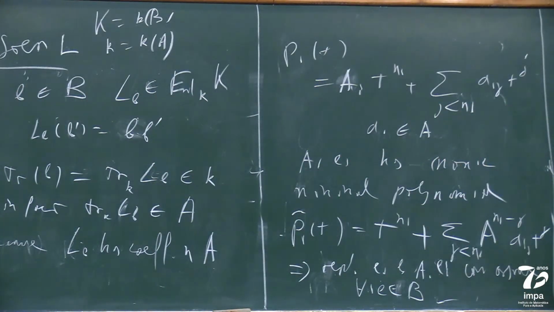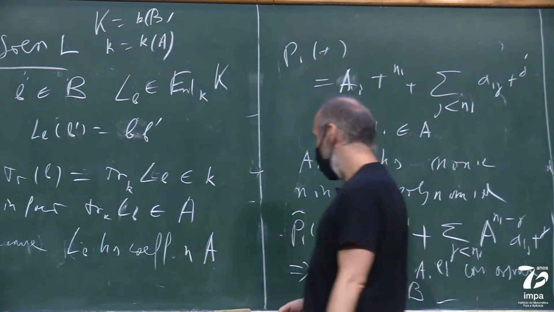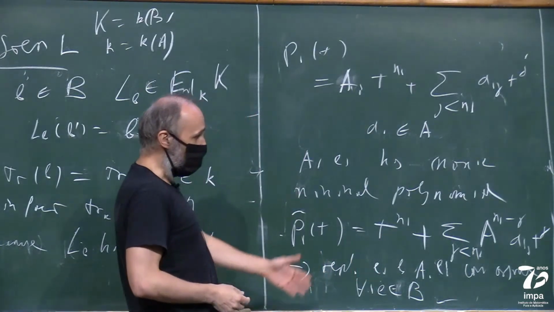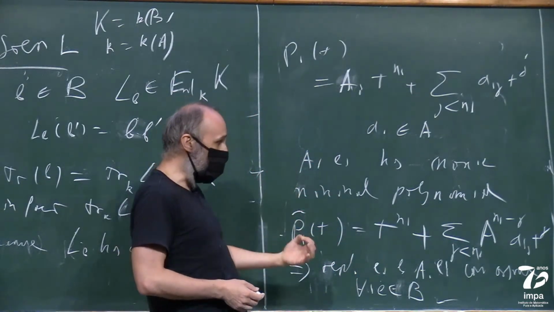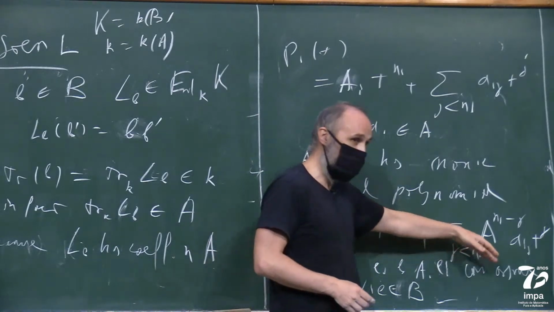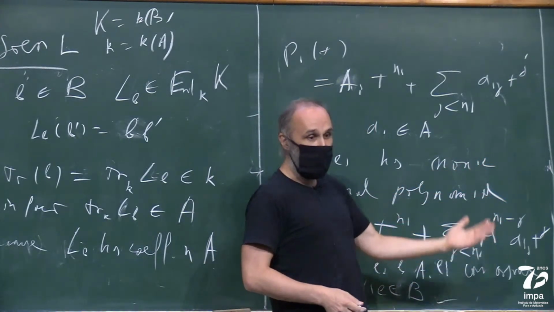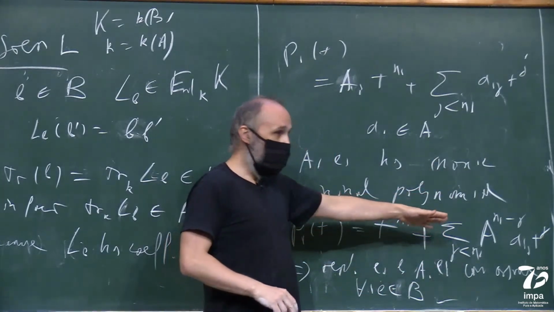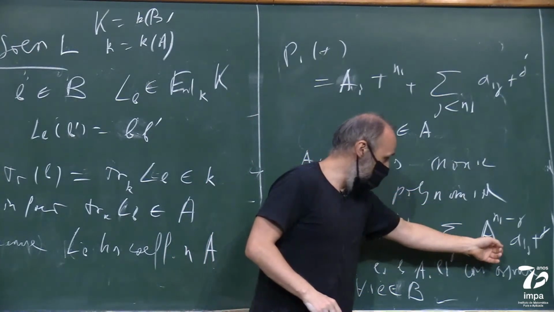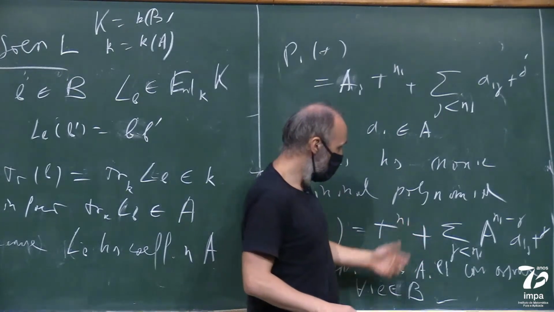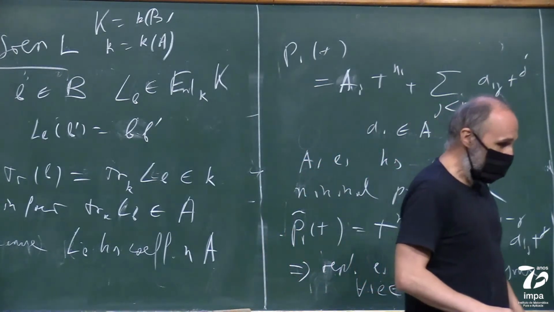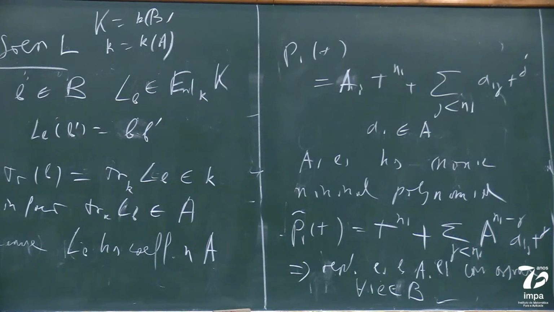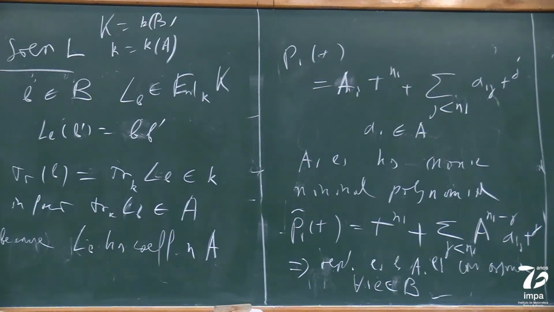You have an element. The coefficients of its minimal polynomial are, of course, not elements of A. They are elements of the fraction field. But then you just multiply this element by the smallest common denominator of all these coefficients, and this gives you an element which now has integer coefficients for the minimal polynomial.